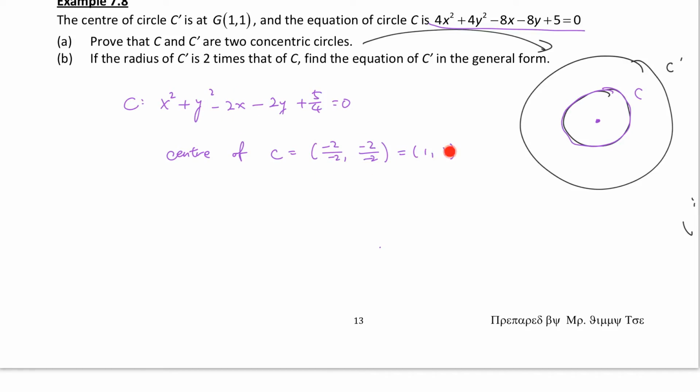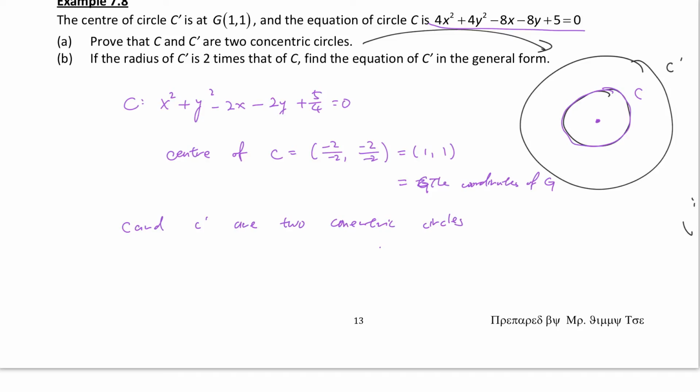Maybe some of you can jump to the answer directly, but because I need to prove it, I need to show all the steps, which is equal to point G, the coordinates of G. C and C prime are two concentric circles.